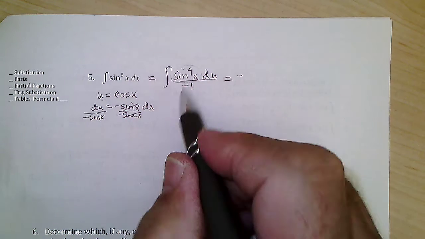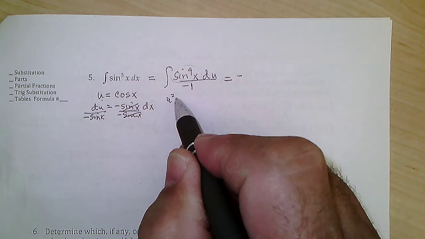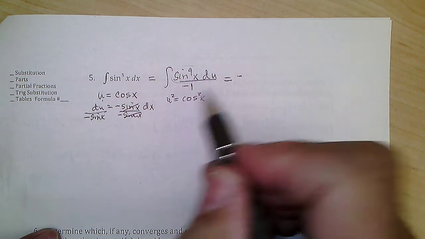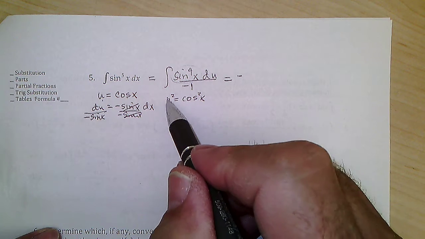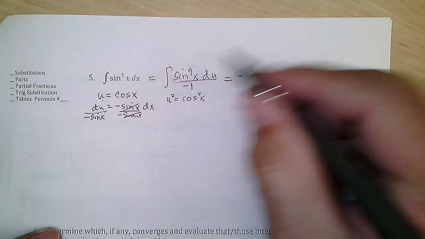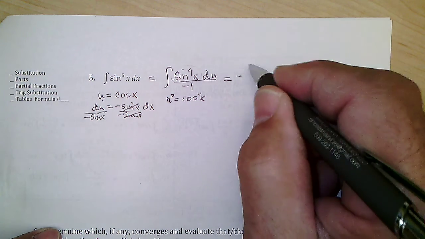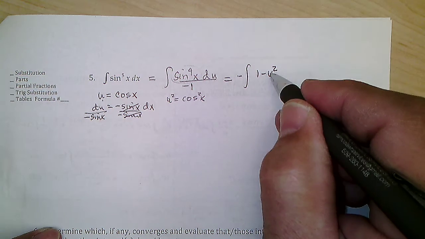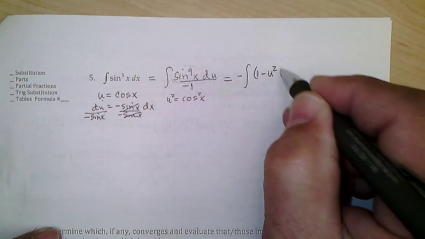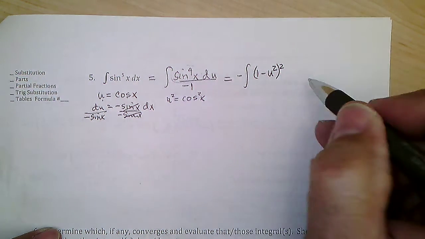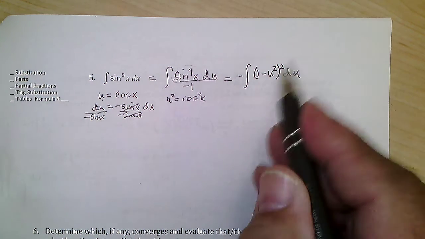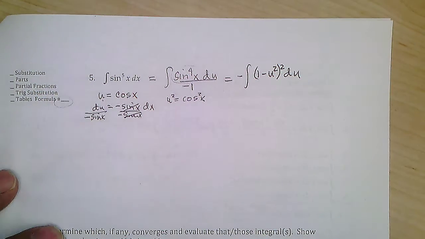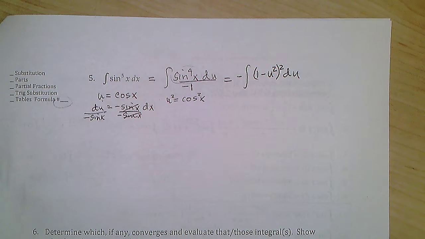Well, if u is cosine x, then u squared would be cosine squared x, and 1 minus cosine squared is sine squared, so sine to the 4th would be 1 minus u squared, squared, du. And I could multiply this out and do all that, but I haven't done a tables one yet.